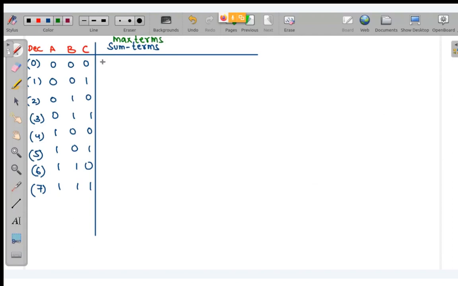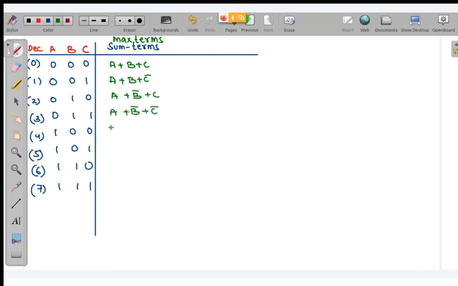So this corresponds to A plus B plus C, if it is written in POS form. This will correspond to A plus B plus C complement. This will correspond to A plus B complement plus C. This will correspond to A plus B complement plus C complement.